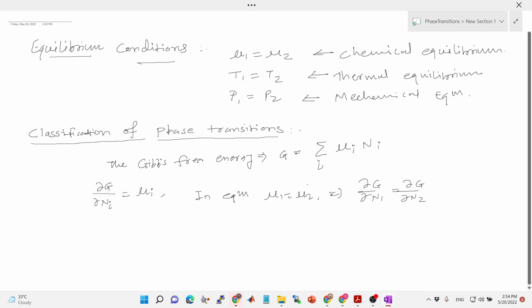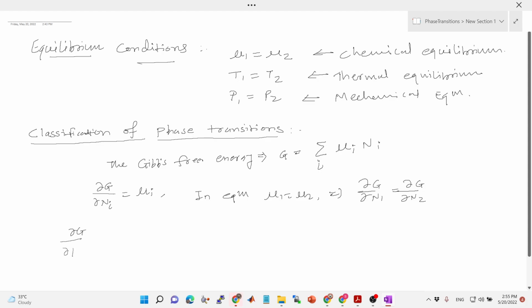However, we are having one restriction on G about its derivative with respect to N. So can we also have restrictions on the derivatives of G with respect to the other two variables, that is pressure and temperature? There is no restriction as such.